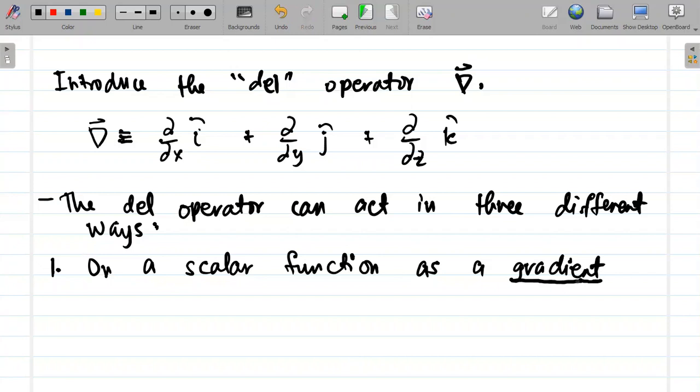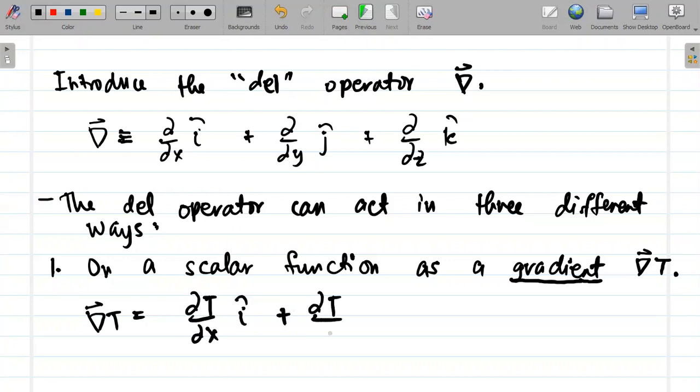So, let's say, del acting sa isang scalar function na t. So, ang t mo hindi yan vector ha. Scalar yan. So, now, ang gradient ng t that is equal to partial t partial x I hat plus partial t partial y j hat plus partial t partial z k hat.